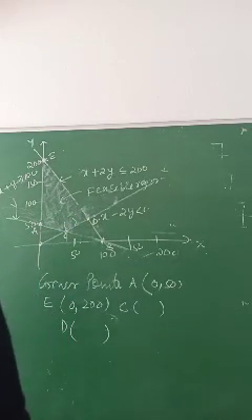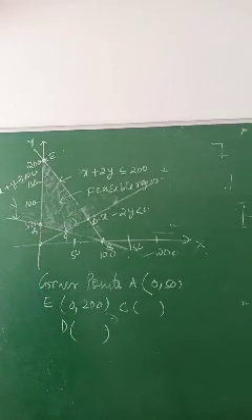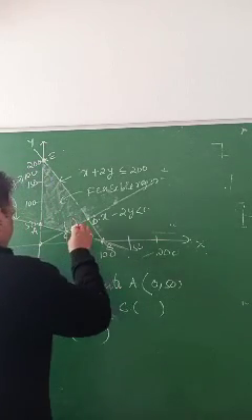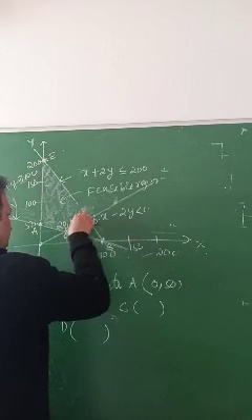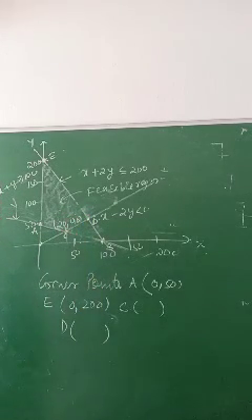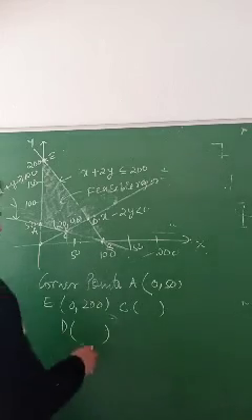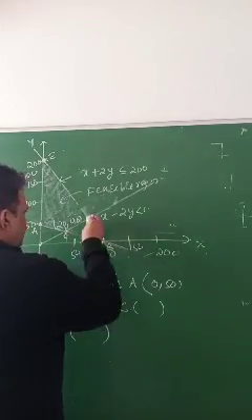That is 20, 40 will come out. This will be 20, 40. D will be how much? D will be 50, 100. Actually, this is not accurate.